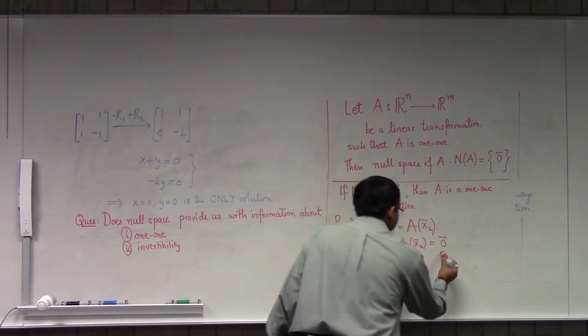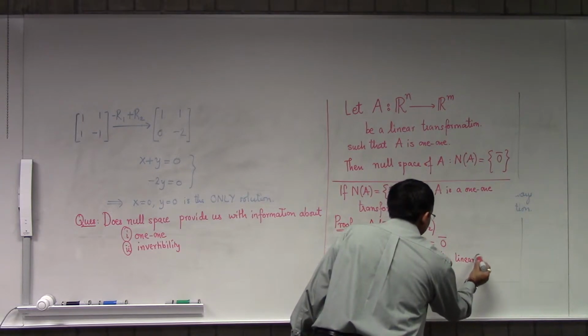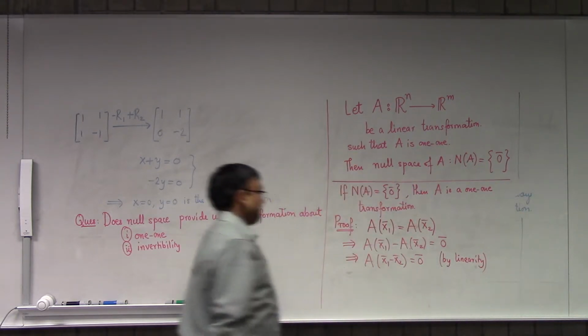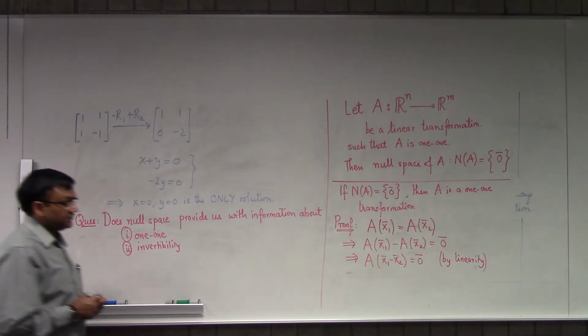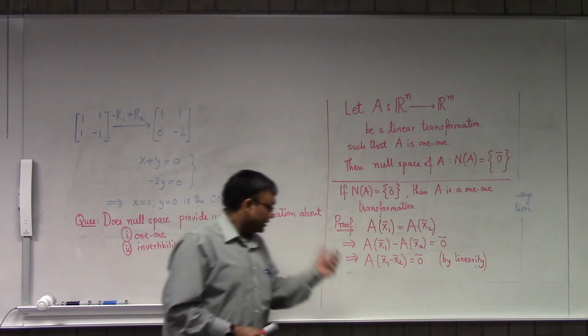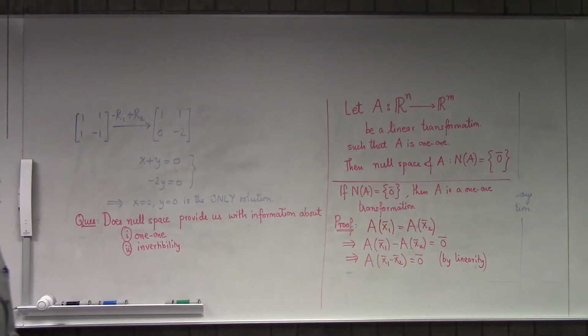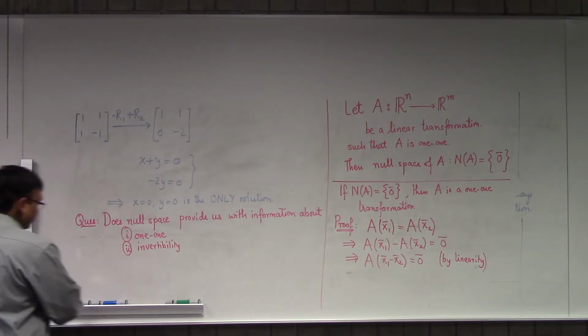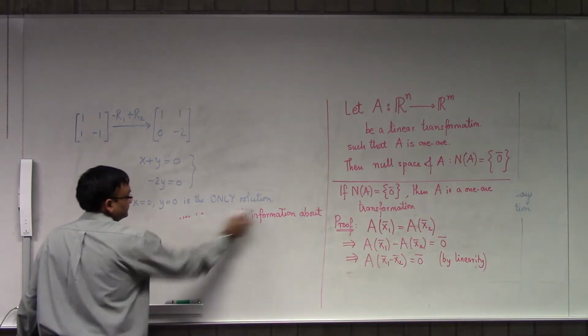This is due to linearity. So we are back to sort of a homogeneous system, and then we use our information that the null space has only the 0 vector. Here you are saying this vector gets mapped to the 0 vector. So the only possibility is that this vector itself is the 0 vector.